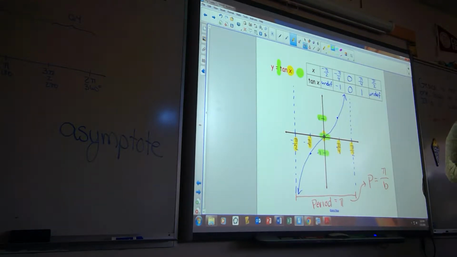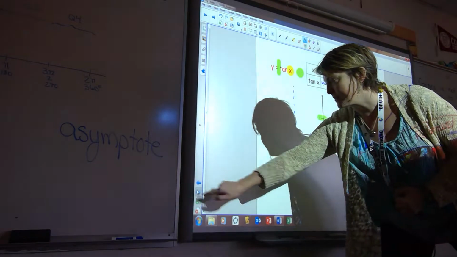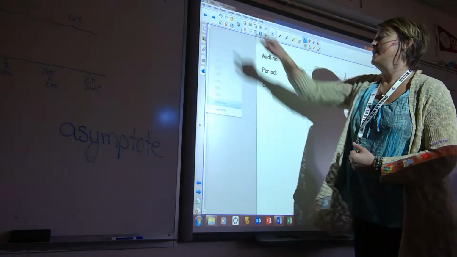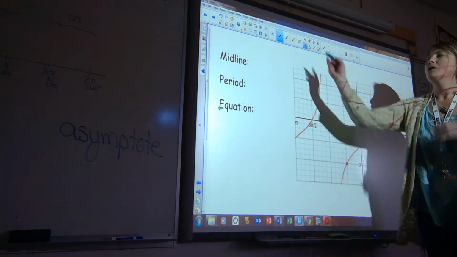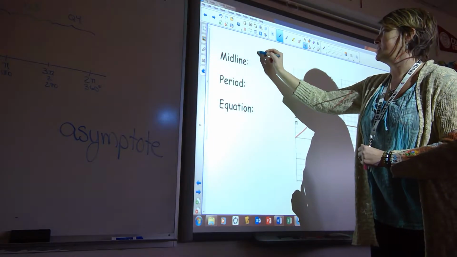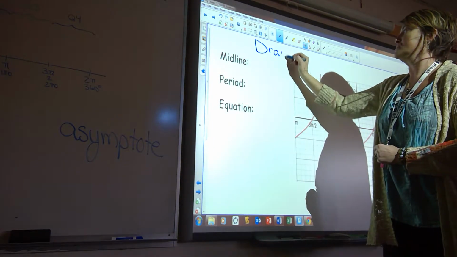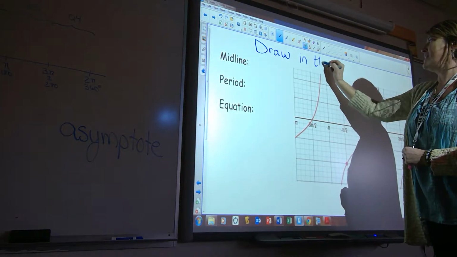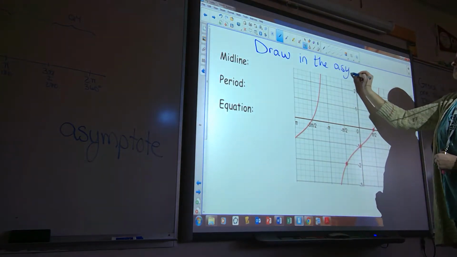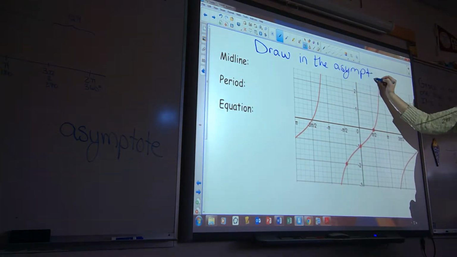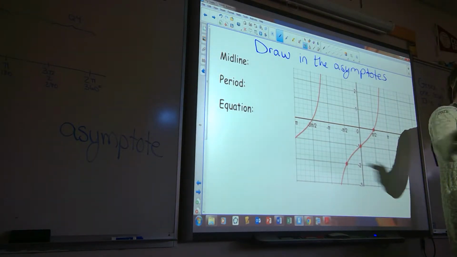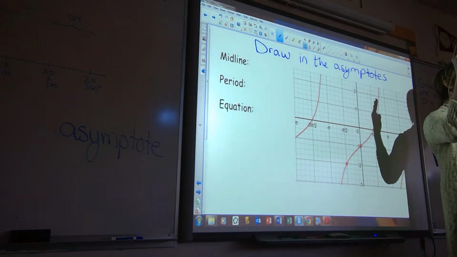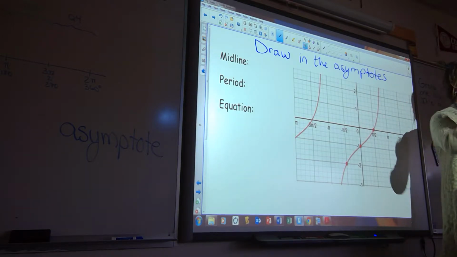All right, so let's give this a go. Let's look at some of the graphs. One teacherly piece of advice here would be to go ahead and draw in the asymptotes. I really think it's going to help because when you draw those in, you'll be able to see how far apart they are, and that will help you find the period value.